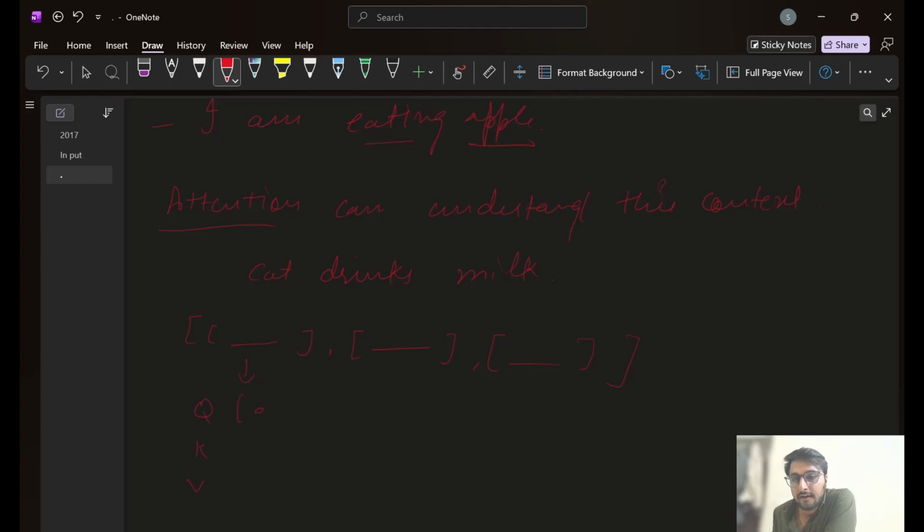These are q1, q2, q3, these are k1, k2, k3, and these are v1, v2, v3. We can create these three vectors for each word.